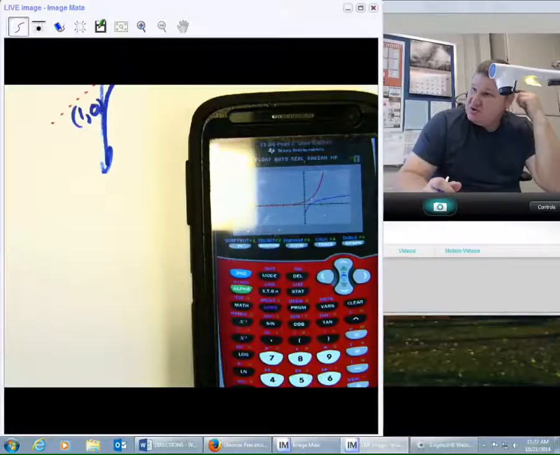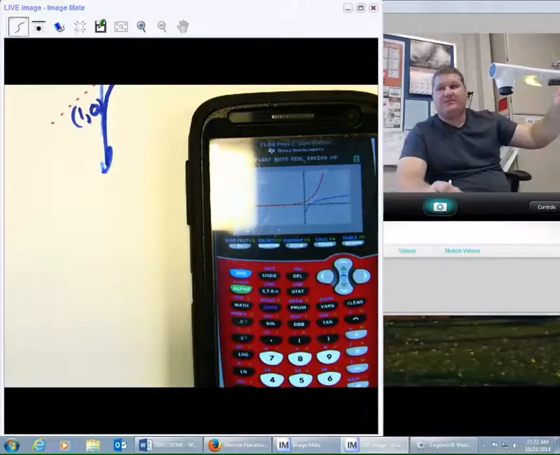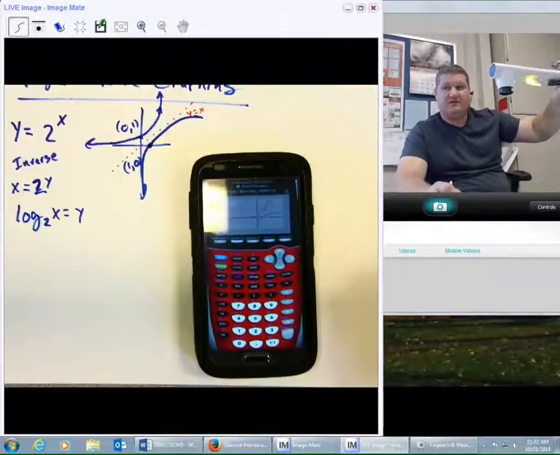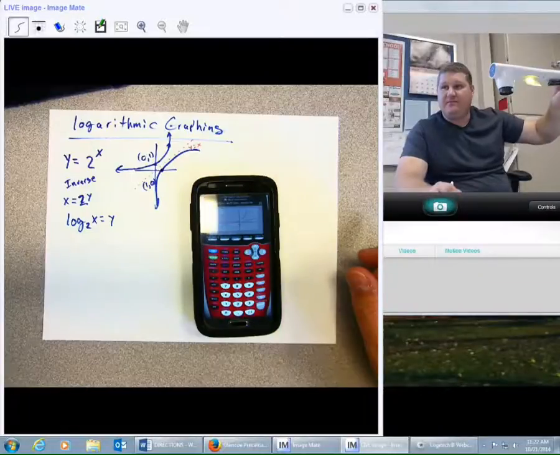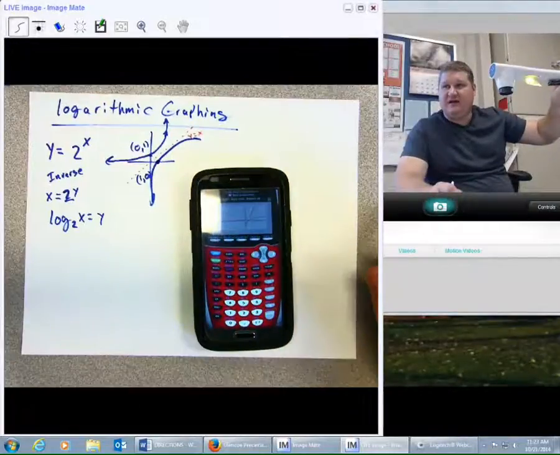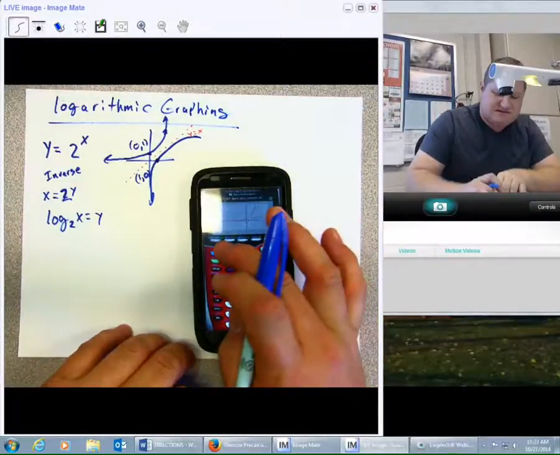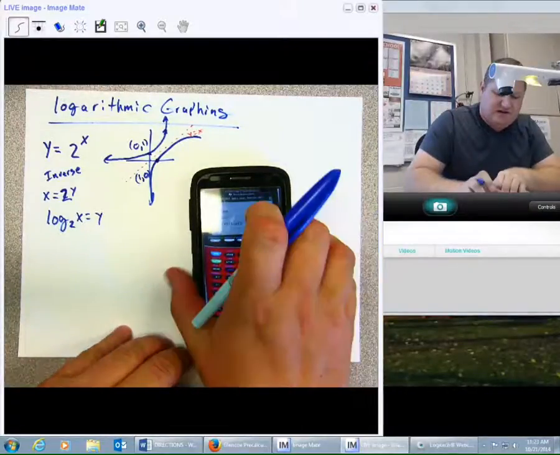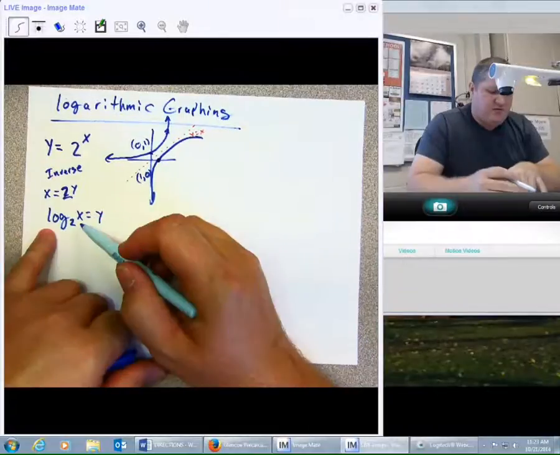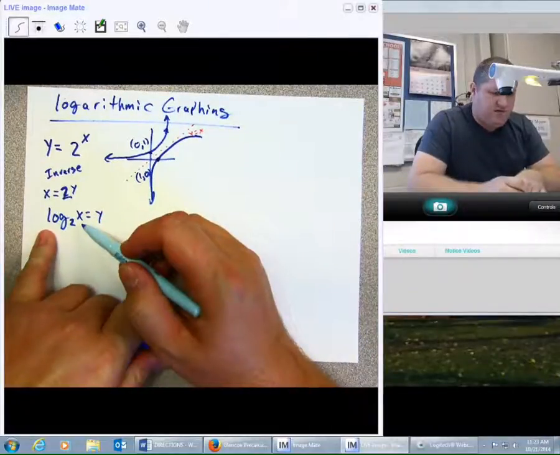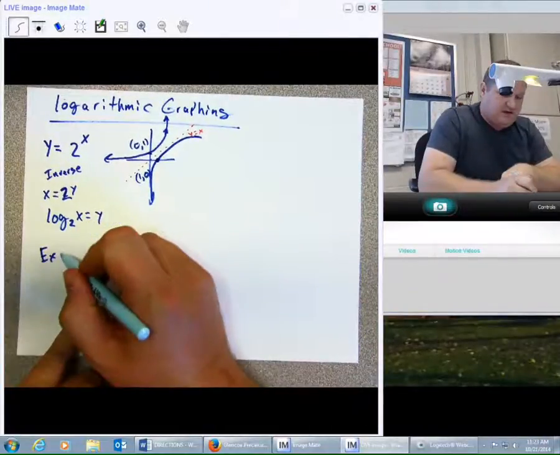So we have this situation going on here. Since the graphs are inverses, we simply flip them over the line y equals x. Well, that's fine and dandy too, except that now that we have this whole log that we can graph, we can do more stuff with it.